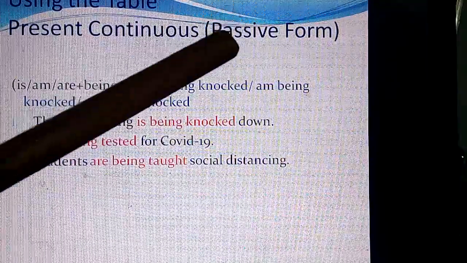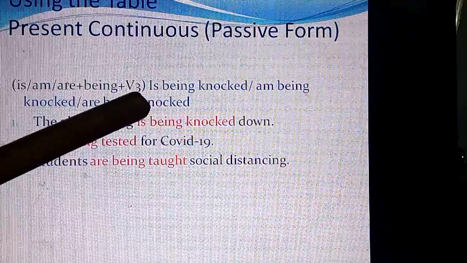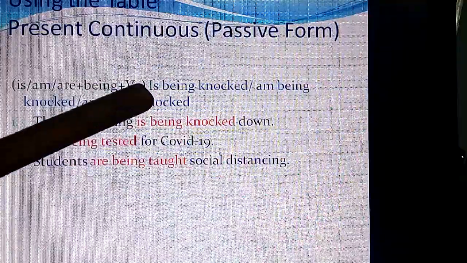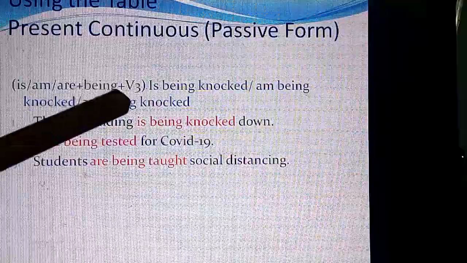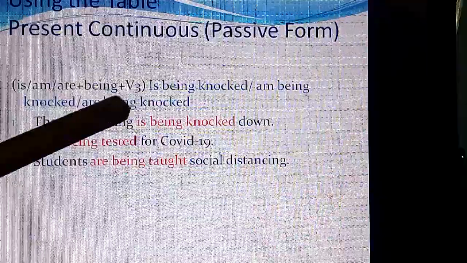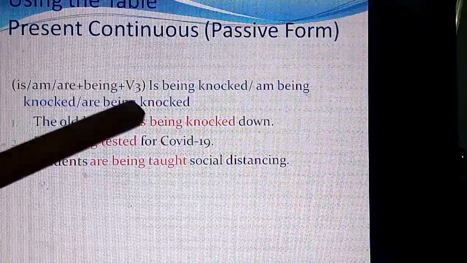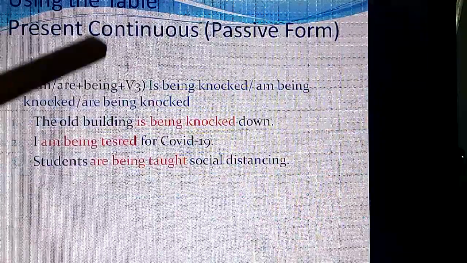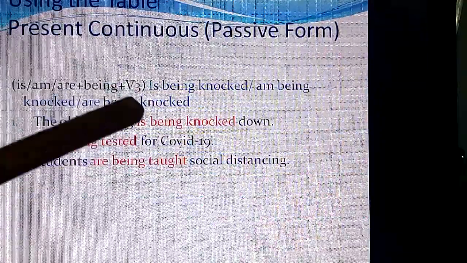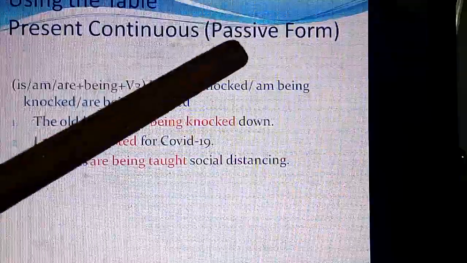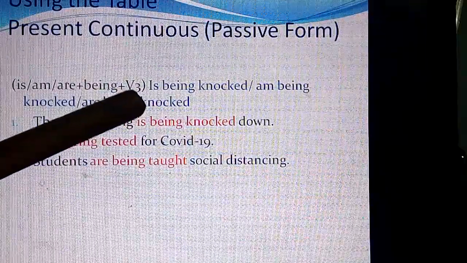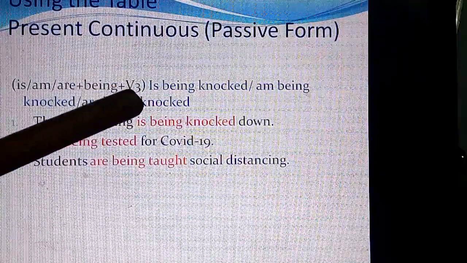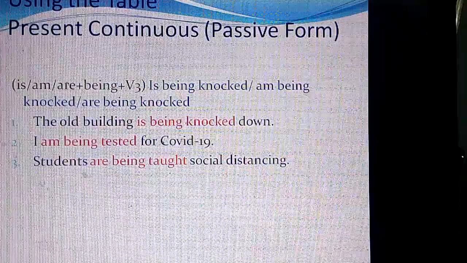In passive voice we are always using the third form of the verb, whichever passive voice it is. So that means the tense comes from this portion only. The tense comes from this portion. This you can check in the table as well, that in all the passive forms we have taken V3 form, that is the past participle form, the third form of the verb.